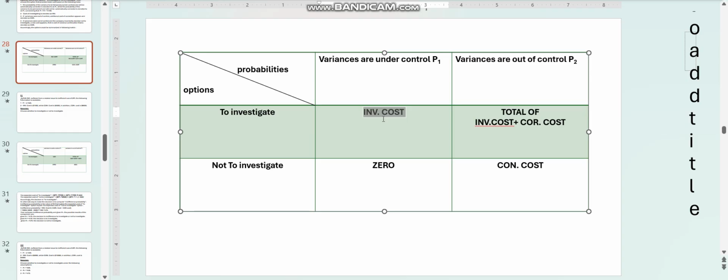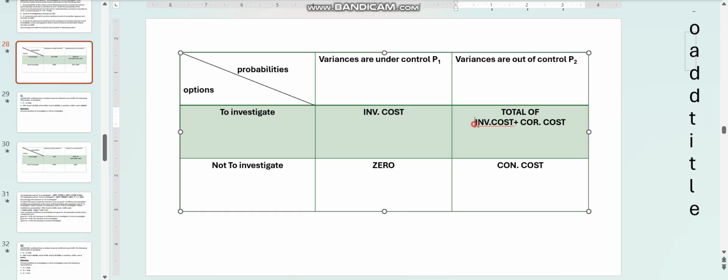Since it's under control, it will not be repeated. It will be automatically eliminated. So no extra cost needed, just investigation. When you investigate it, you detect that it's under control, so you realize that you don't need any additional cost since it will be automatically eliminated. It's random.